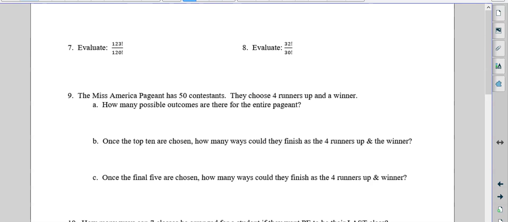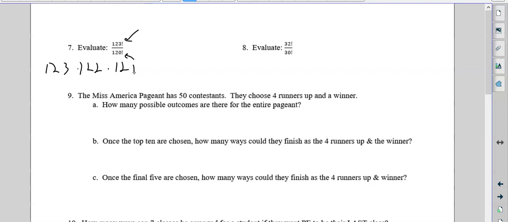All right, moving on. Evaluate 123 over 120. Again, if you try to put this in your calculator, it's going to blow up. But remember, once you get to 100, this is 123, 122, 121, 120, 119, 118. But once you get to 120 on the top, they all start canceling. So what's left? 123 times 122 times 121.